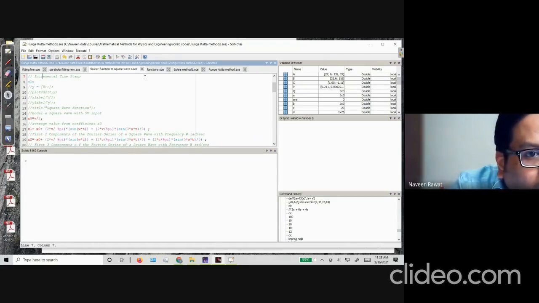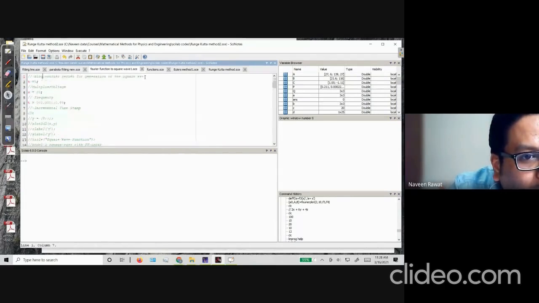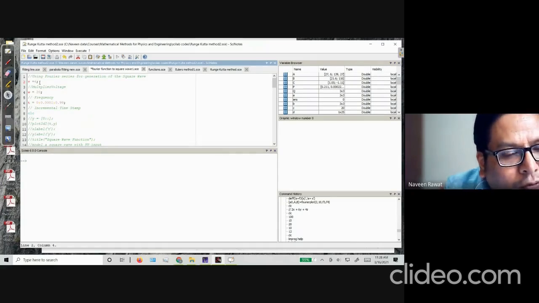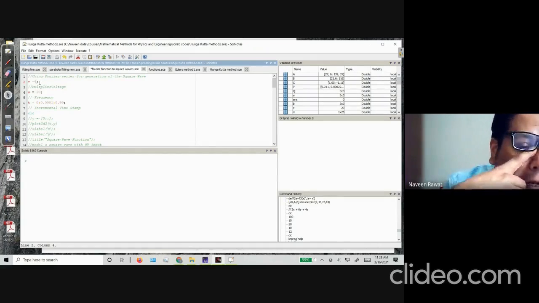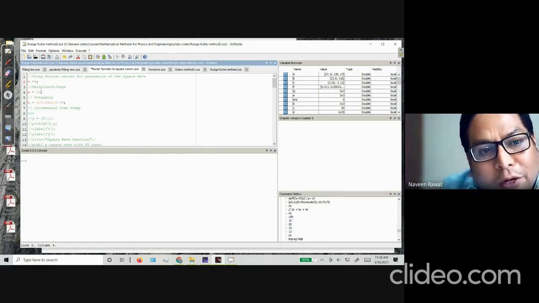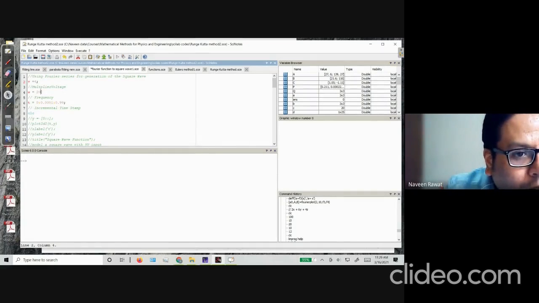So if you see line by line what is happening here, first basically we have defined some voltage. Let's say we want a voltage of 4 volts. Okay, so हमारा 4 volts है जिसको हमको चाहिए, and we are going to create some value of omega. This is the frequency of the signal, so you can keep it any value. You can keep it 1, or you can keep it 10 or something.